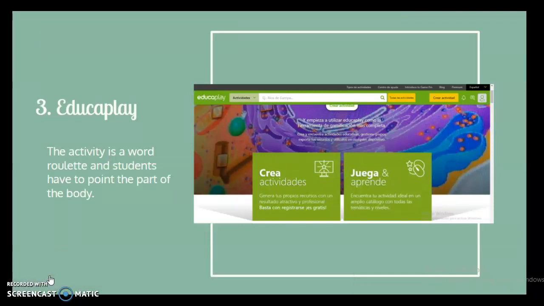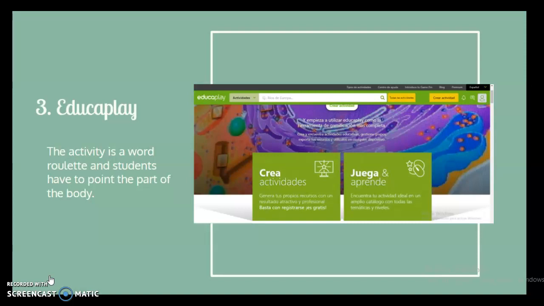And the last one is EducaPlay. In the last one, the activity is based on a word roulette, where students will find the specific vocabulary of the parts of the body, and when they see the word, they have to point to that part on their own body.